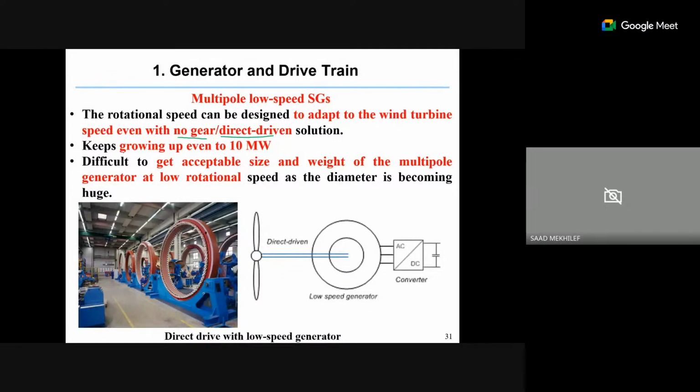Okay, and this is growing even to the 10 megawatt level. It's difficult to get acceptable size and weight for multiple generators, but I think this is one of the new directions, direct drive with low speed generators.